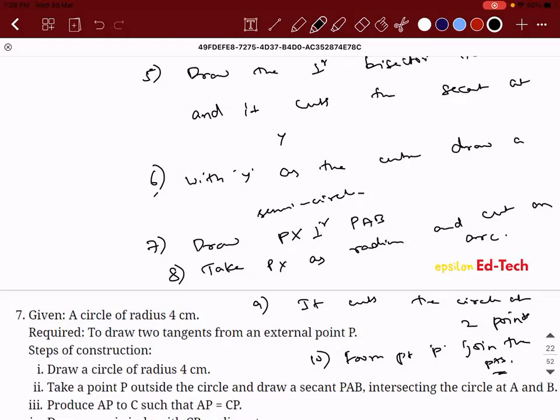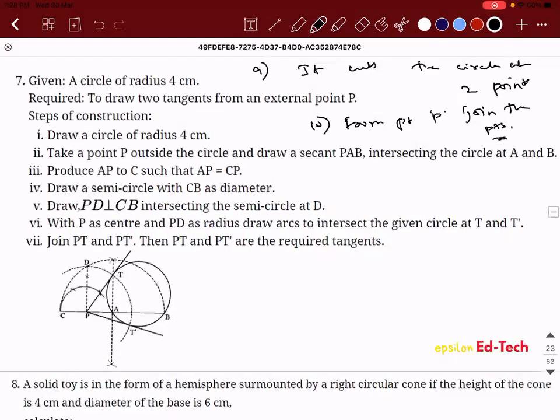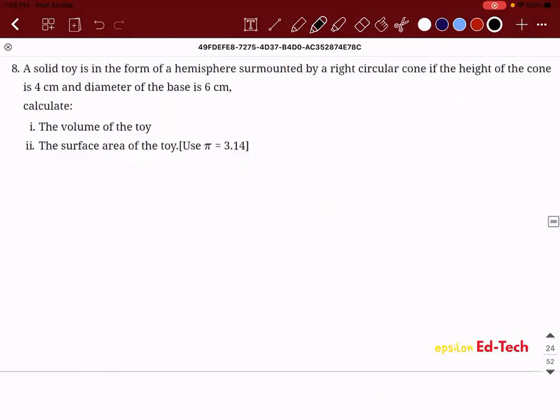Okay. So moving on to the next one. Solid toy is in the form of a hemisphere surmounted by a right circular cone. If the height of the cone is 4 centimeter and the diameter of the base is 6 centimeter, calculate the volume of the toy.